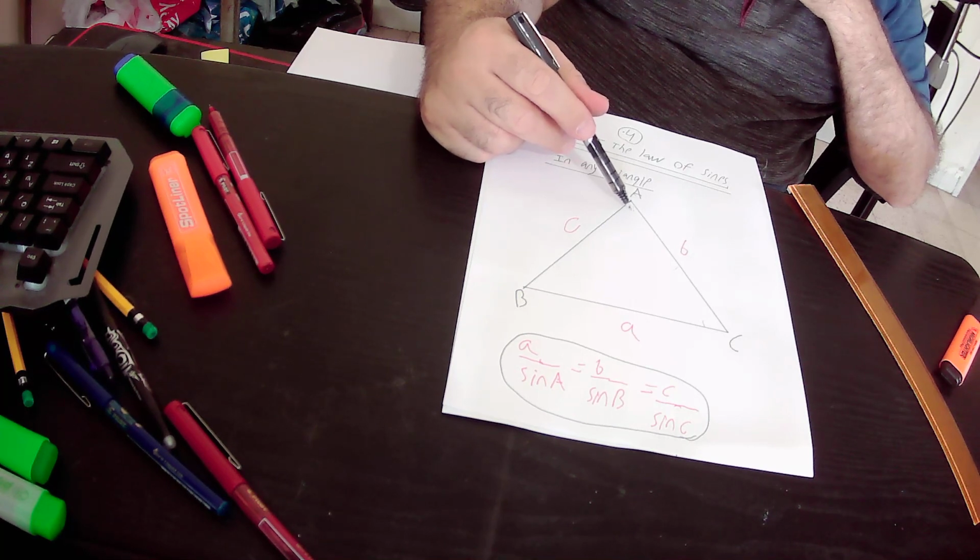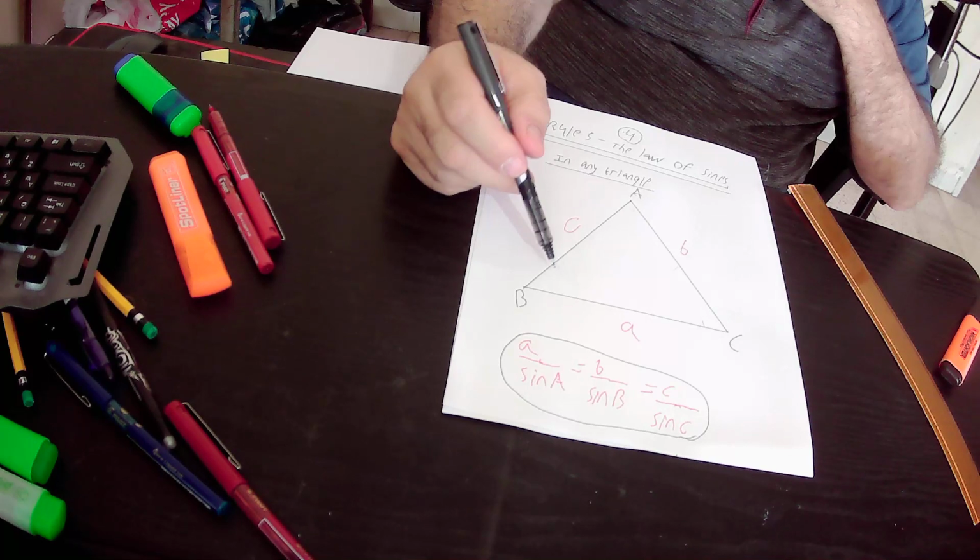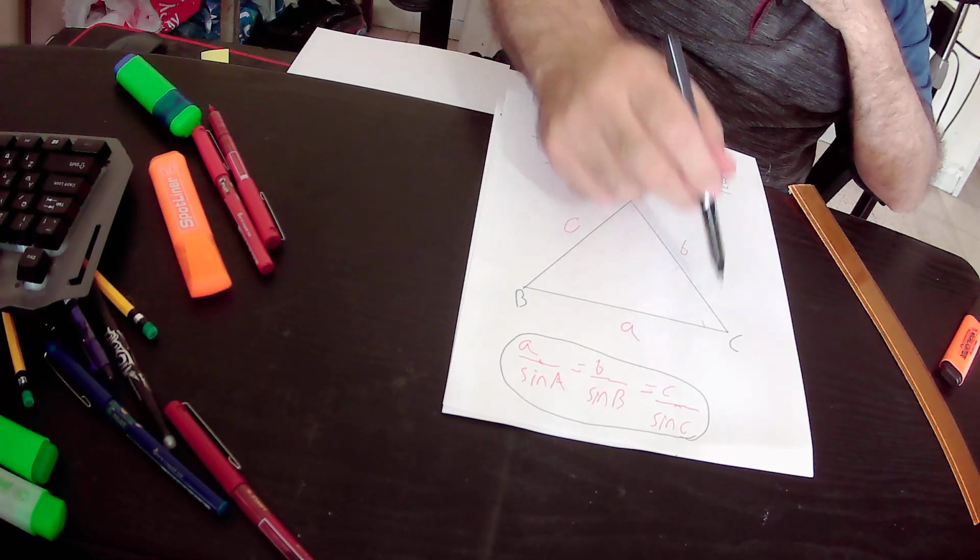Capital A is the size of this angle, capital B is the size of this angle, and capital C is the size of this angle.